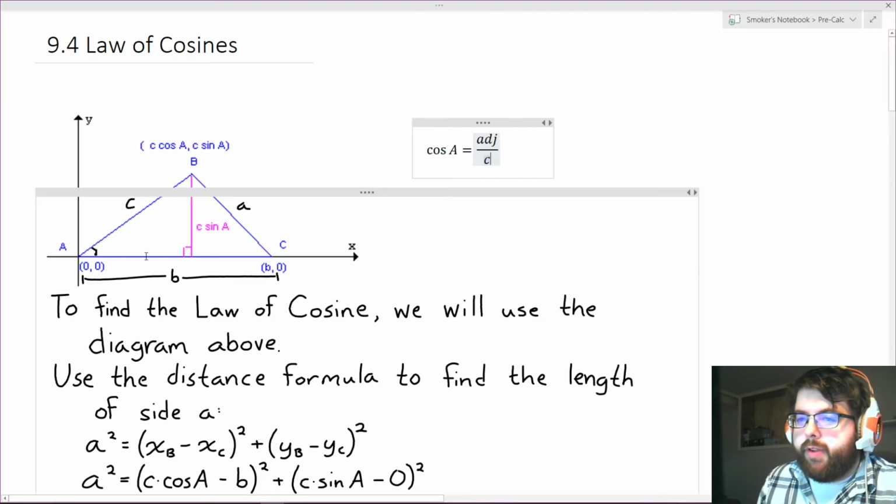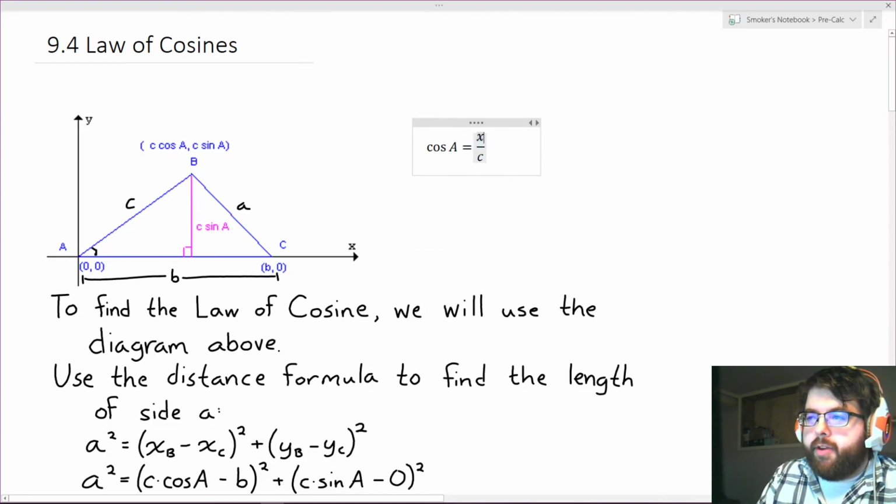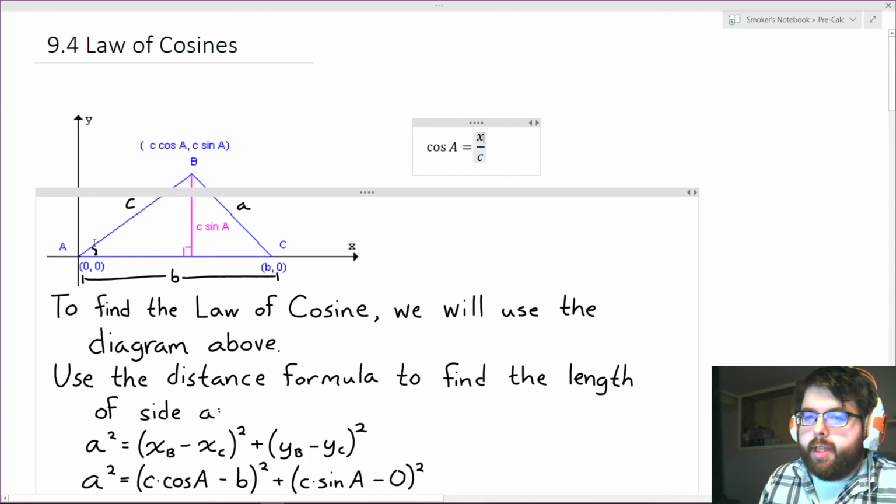Because it's not labeled, I wrote adjacent to indicate this distance, but instead I could call it x, my x value.